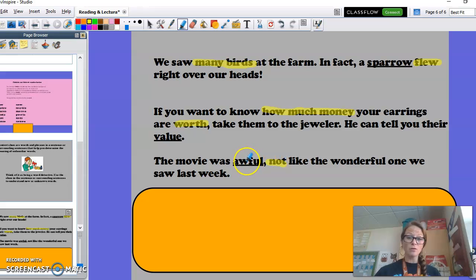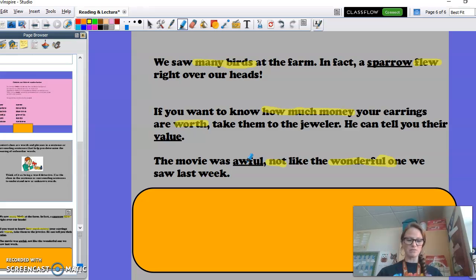So the movie today was awful, not wonderful. So if I'm thinking not wonderful, then I'm going to guess that awful means something not good, right? Bad, not good, but awful, terrible. All right, so you can use those clues in different ways.